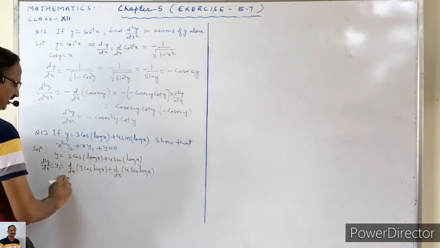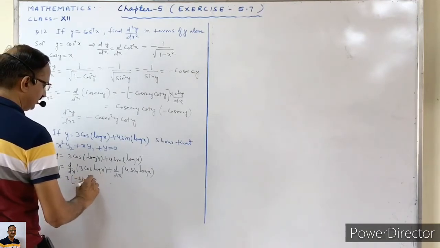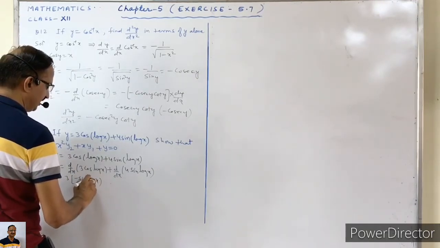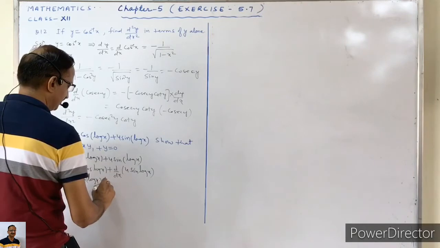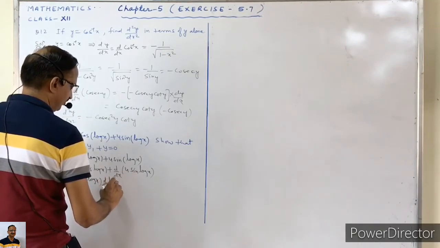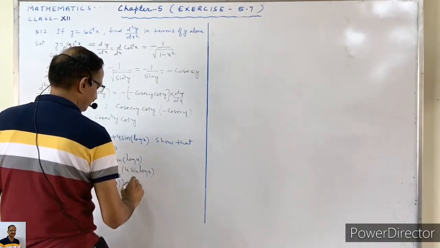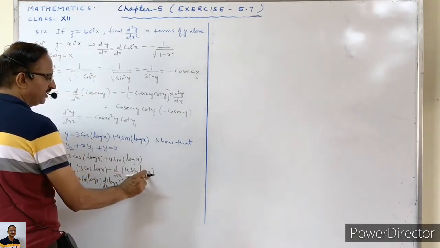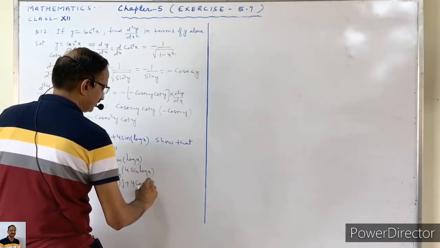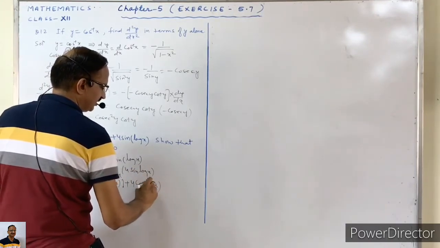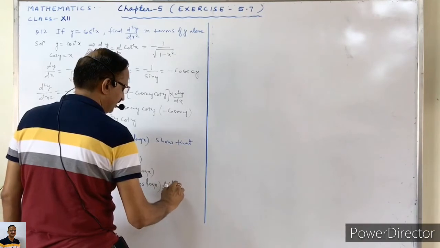Now this 3 is constant, so the derivative of cos x is minus sin log x. But since this is not x, so we will write the derivative of this log x in the product, plus this 4 is constant and we will treat again this log x as x. So the derivative of sin x is cos log x, but this is not x, so we will write the derivative of this log x in the product.